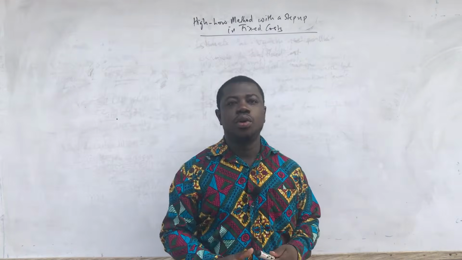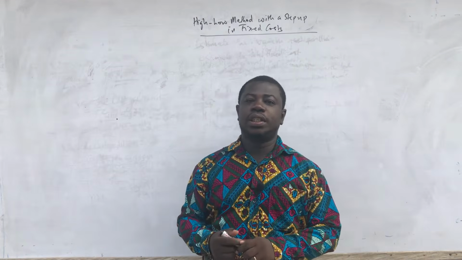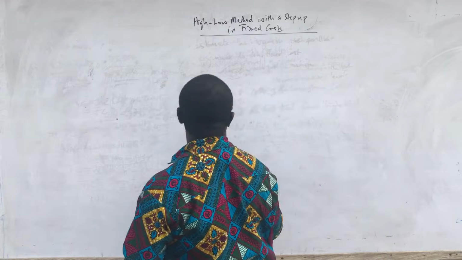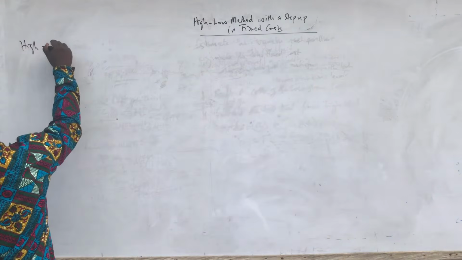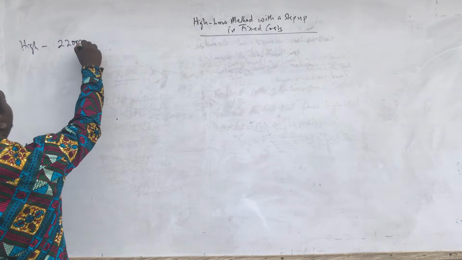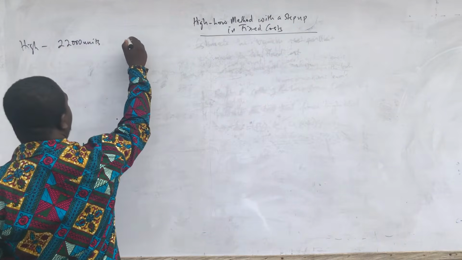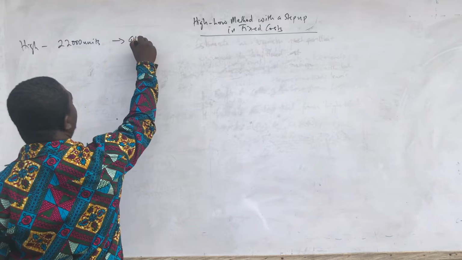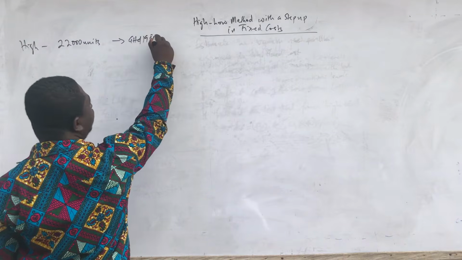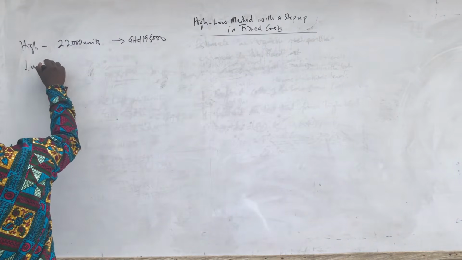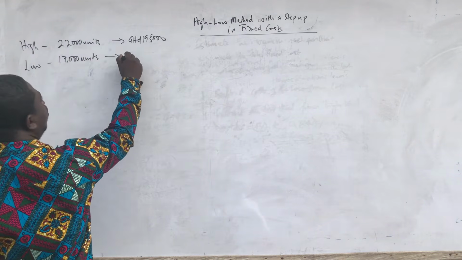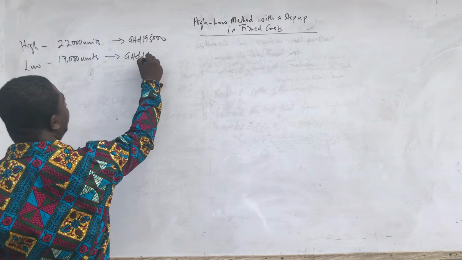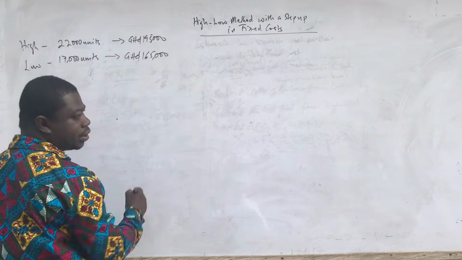All right, so we are told that the highest activity level is 22,000 units at a cost of 195,000, and the lowest activity level is 17,000 units at a cost of 165,000 cedis.